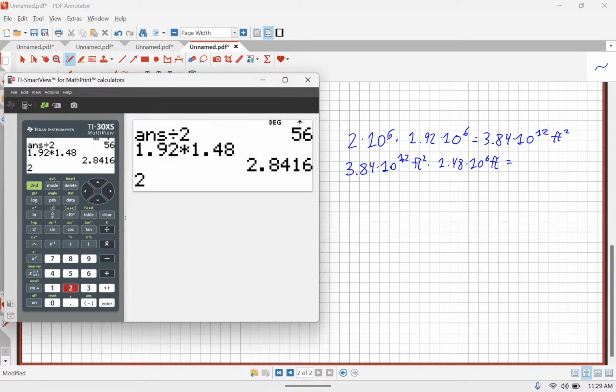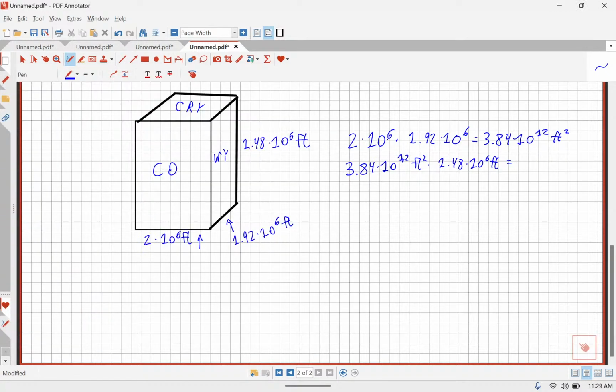I'm hitting all the wrong buttons. 2 times 1.92 is 3.84. Yeah, that's right. There you go, feet cubed. Hooray! That's the volume of a Colorado-Wyomagonal prism.